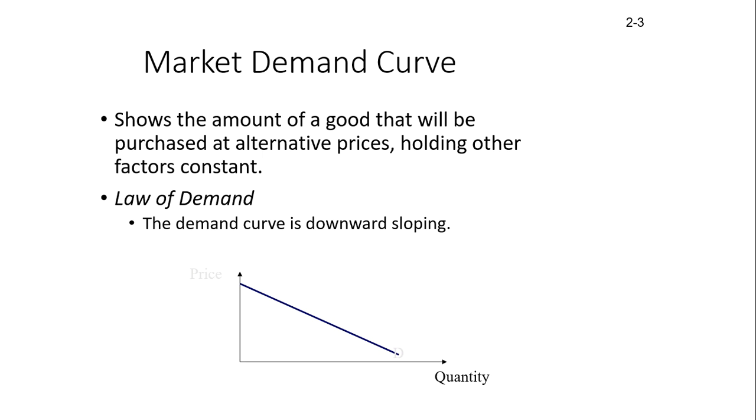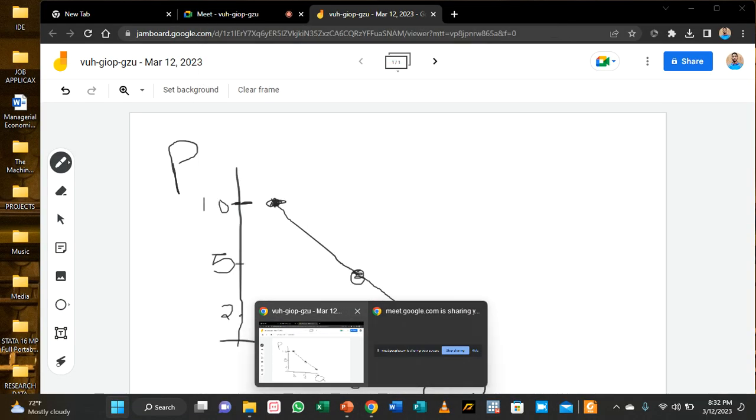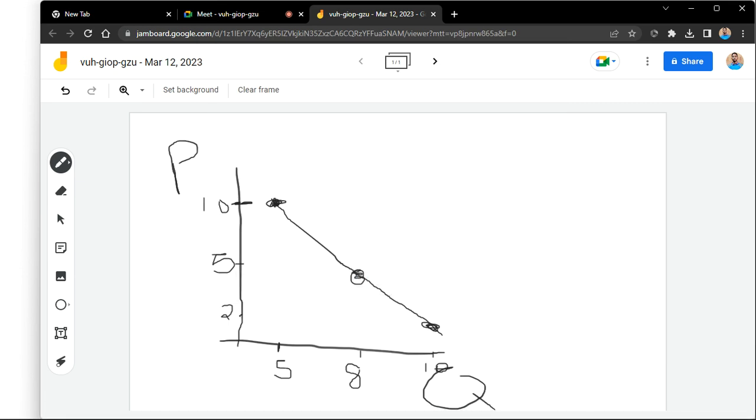Going back to our graph, we have seen that when the price is 10 kwacha, this consumer only demands 5 units of this particular commodity.